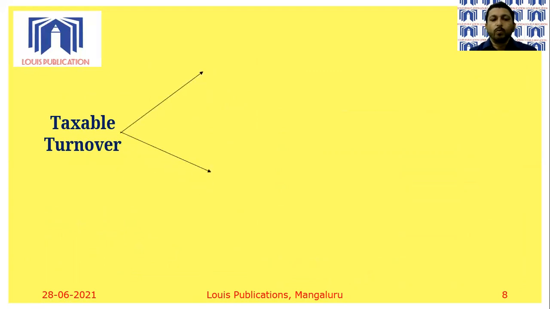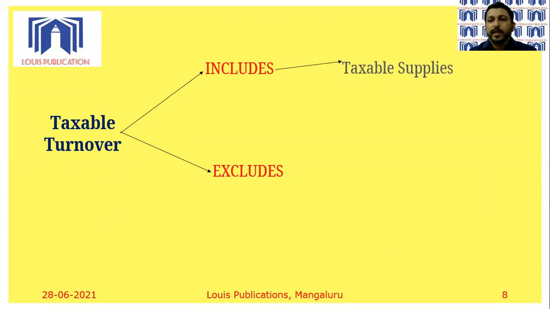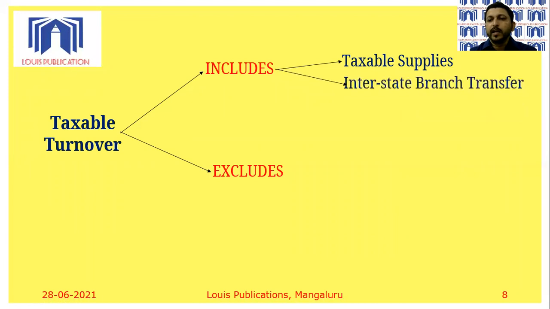Again, we talk about what is included and what is excluded from taxable turnover. As far as taxable turnover is concerned, we include only two specific items. First one is taxable supplies, and the second one is interstate branch transfer, because GSTIN changes. So definitely it is included in the meaning of aggregate taxable turnover. So taxable turnover includes taxable supplies and interstate branch transfer.